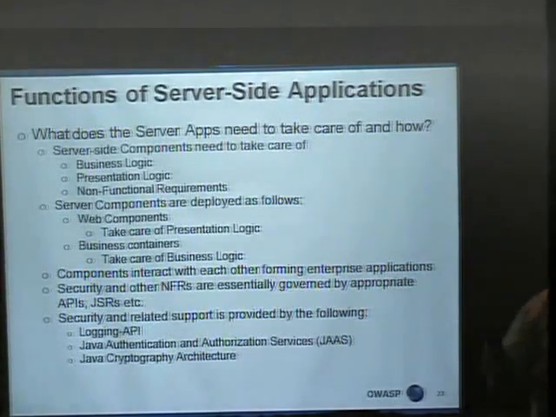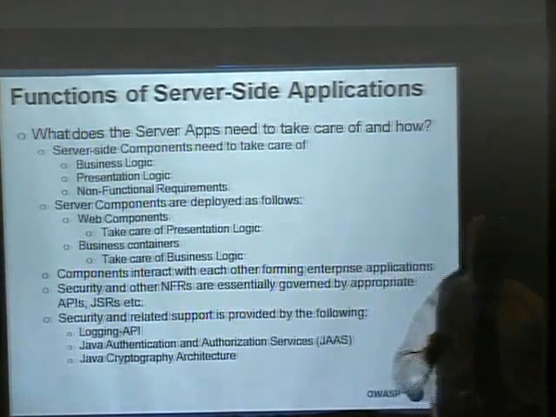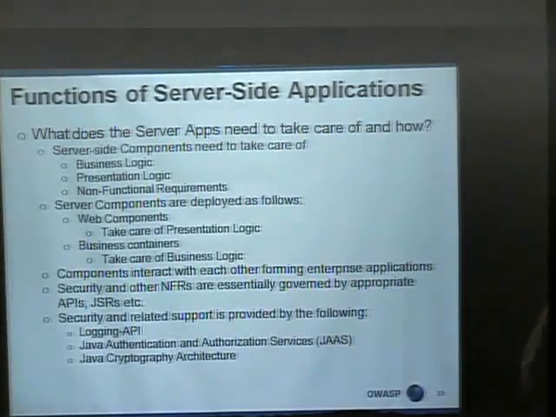Everything other than the functional requirements is a non-functional requirement. Security, scalability, reliability, and so on are non-functional requirements, and most of these come through the vendor provided application servers, which in this case is a Java or J2EE or Java EE server.